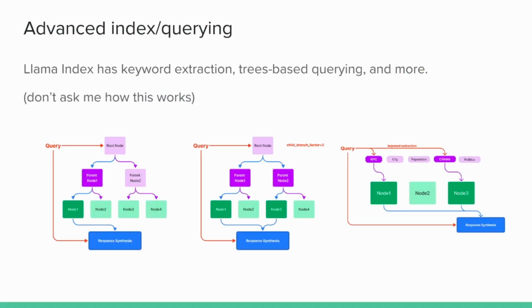It can do things with trees, where you query down a tree and it finds the right nodes and then traverses back up. It can also first extract keywords and then use those keywords to route searches to specific nodes or specific indexes. I don't know how most of this stuff works. I haven't spent a lot of time doing it, but I know that it exists, and you can go really deep in terms of optimizing stuff like this.